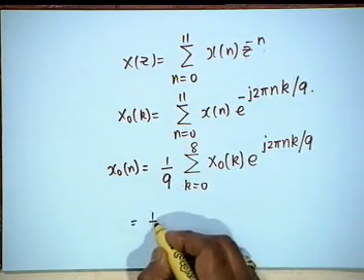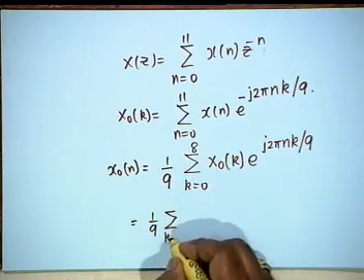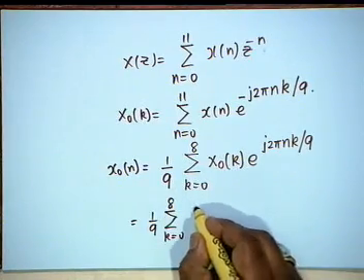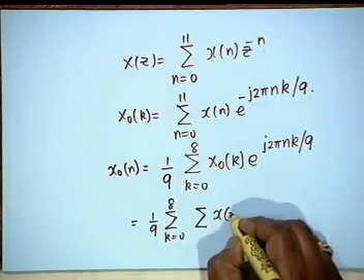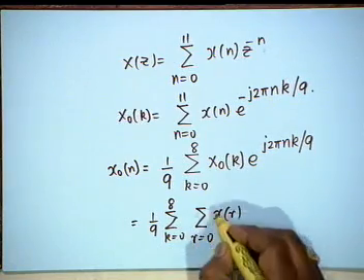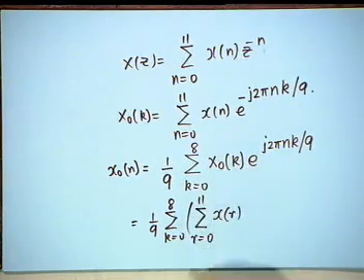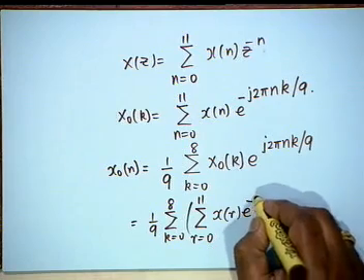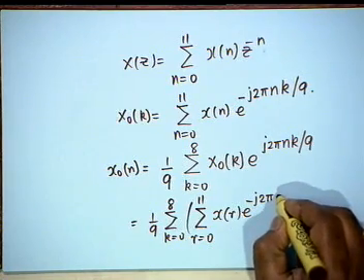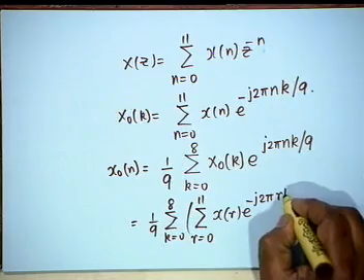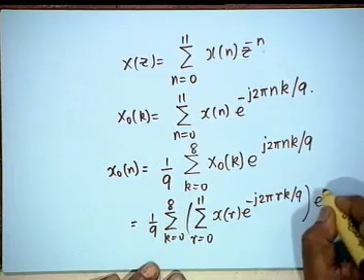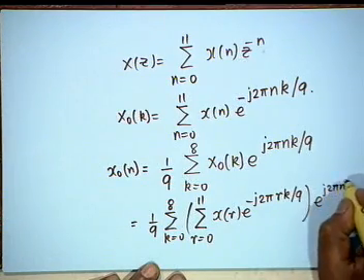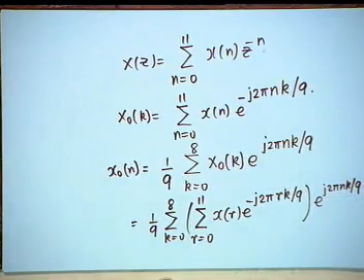So, I write this as 1 by 9, summation k equal to 0 to 8, summation for X0(k), let us write it as r, x(r), r equal to 0 to 11. If you want, you put a bracket here, e to the power minus j 2 pi r k divided by 9 multiplied by e to the j 2 pi n k divided by 9.